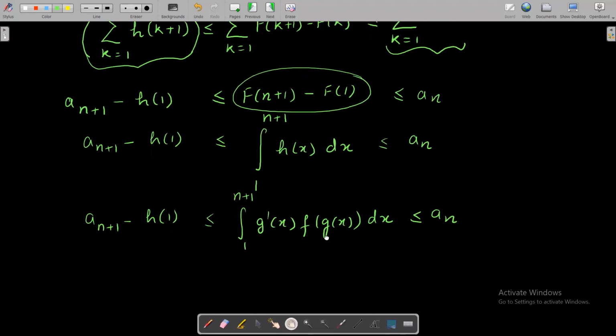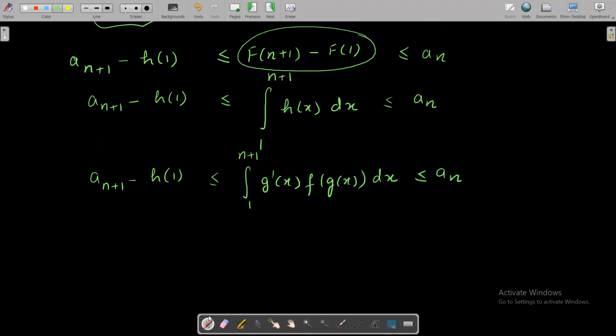Going to the next step, because I want to create exactly that form which is given in the question. Observe this integrand: I can replace g of x with a new variable t. If g of x is t, then g dash of x dx is going to become dt.